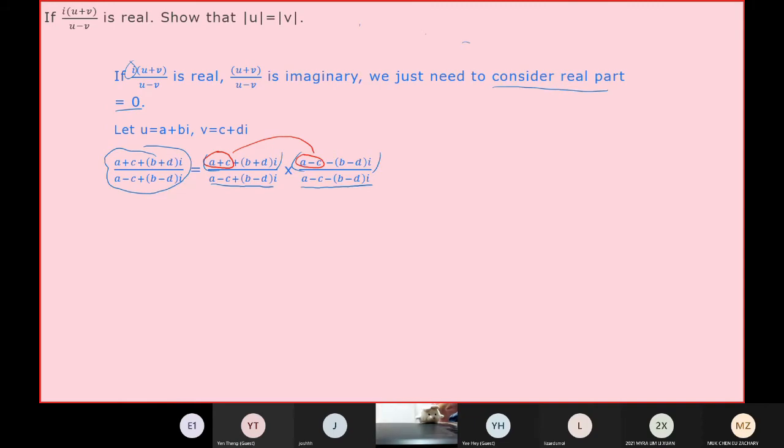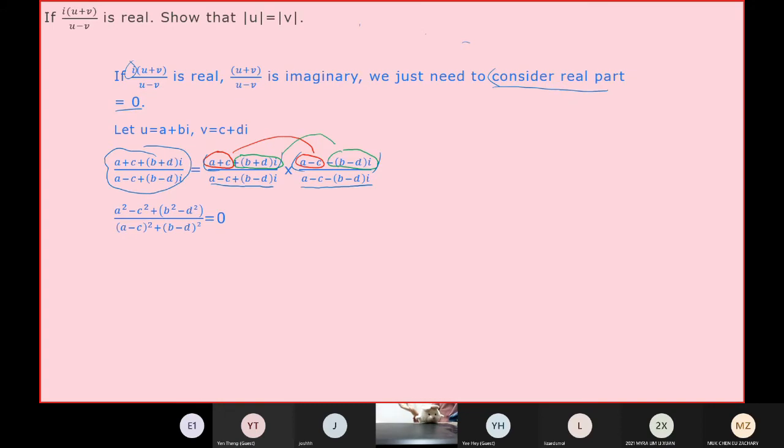So (a plus c) times (a minus c), because I only want the real part equals 0. Is there still any other real part? Yes. Our imaginary times our imaginary will give us a real part as well. So (b plus di) times (minus b minus di). I only consider the real part, this has to be 0.